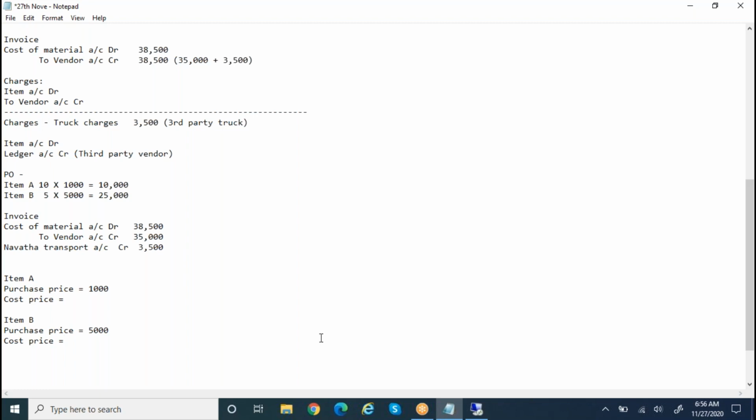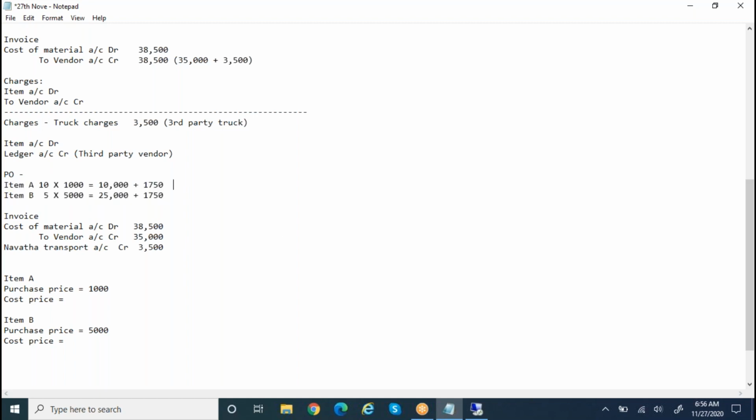Before getting into the system, now we need to understand this cost price. Suppose this 3,500 is divided into two equal parts. Here I am adding 1,750 and here I am adding 1,750. This is one method. Of course, this is not a good method, but I can split this amount like this.